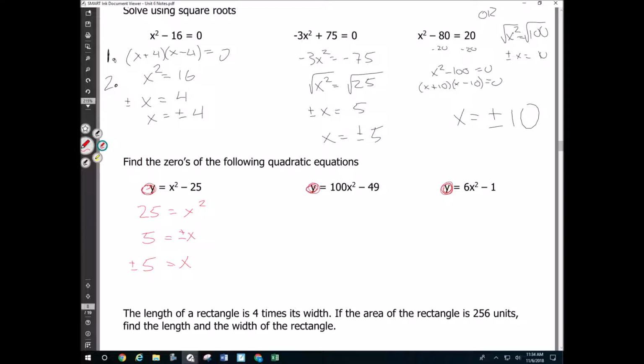The next one might not be obvious how to factor this. I could factor this as 10x plus 7 and 10x minus 7. But instead, let's add 49. Divide by 100. Square root both sides.